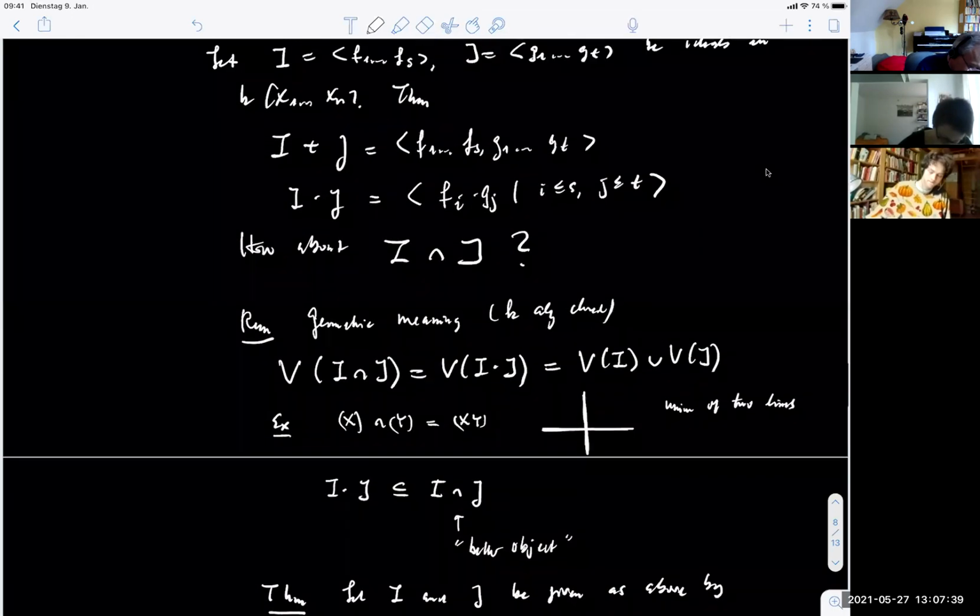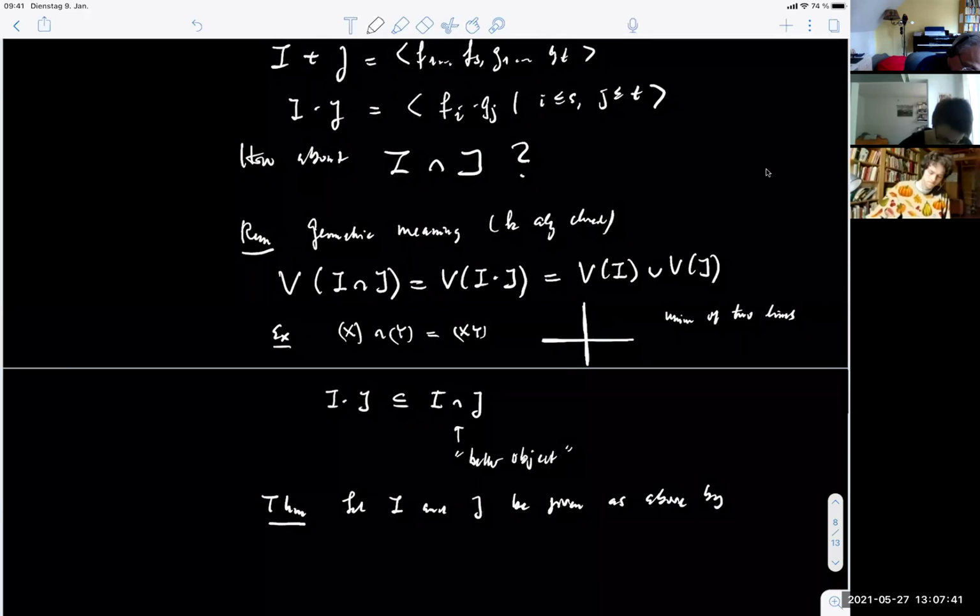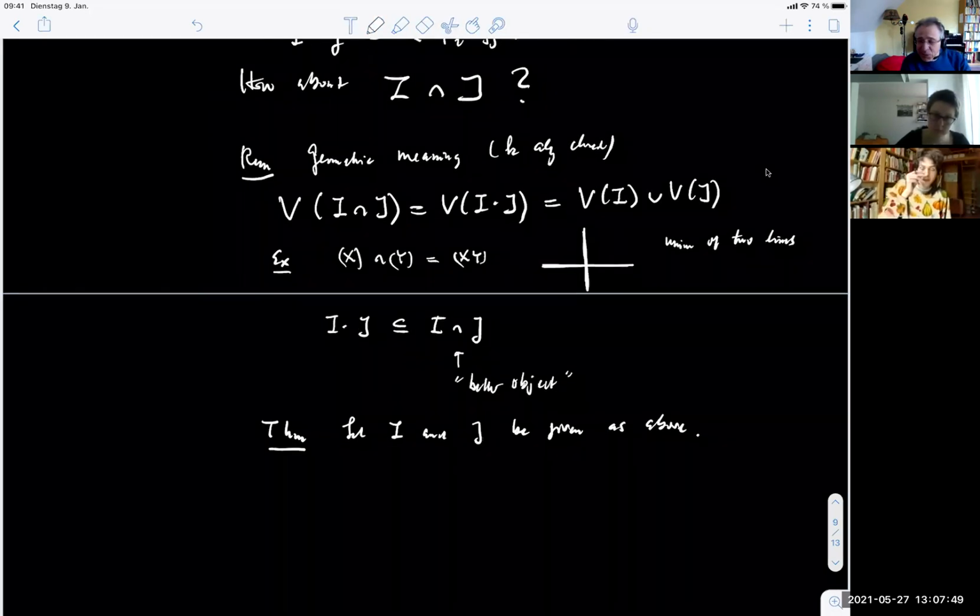Then we make a very neat trick. Sometimes it's called embedding in the diagonal. So we consider the following idea. I call it delta.